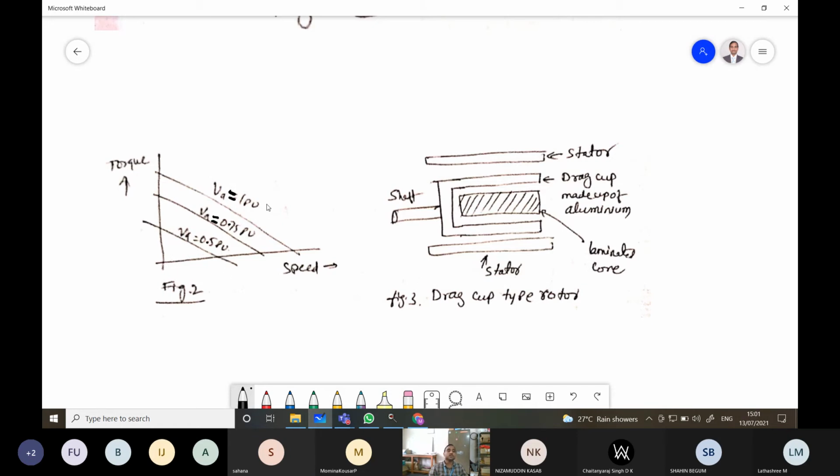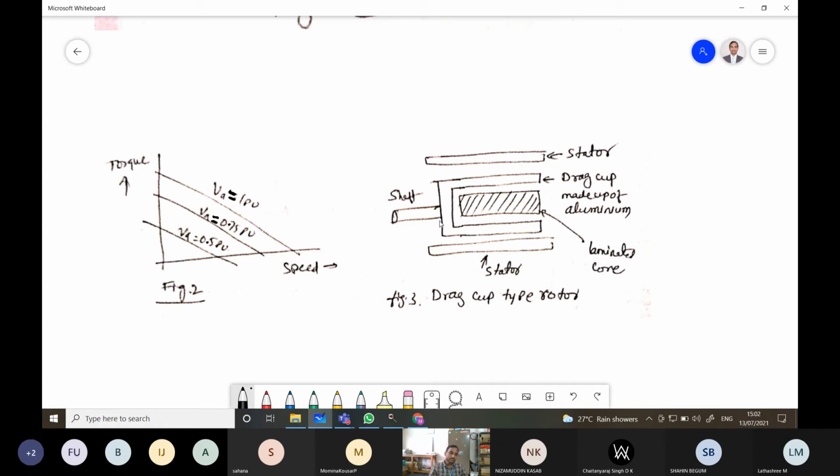If you vary the voltage of the control winding, you can adjust the torque. If you give more voltage on the control winding, we will get the full load torque. This is the torque speed characteristics of an AC servo motor.